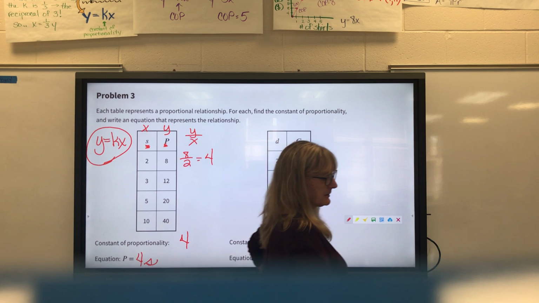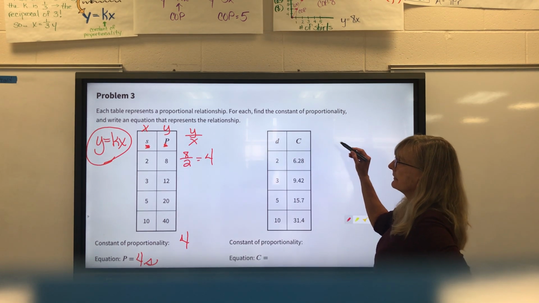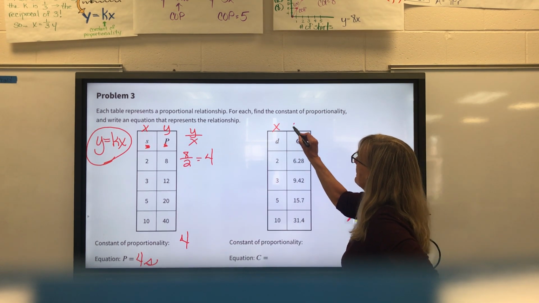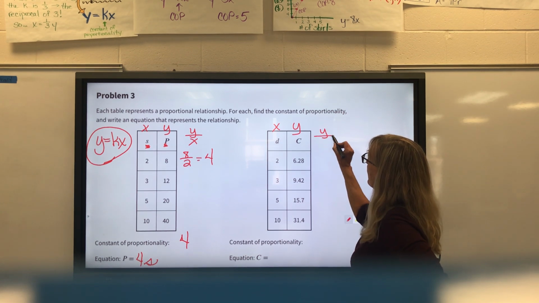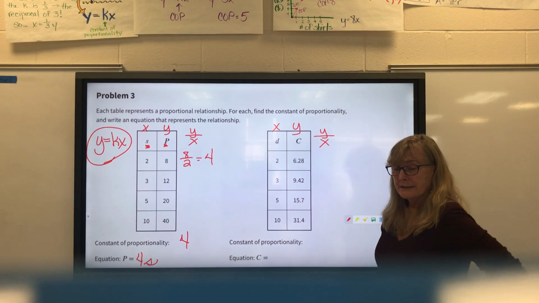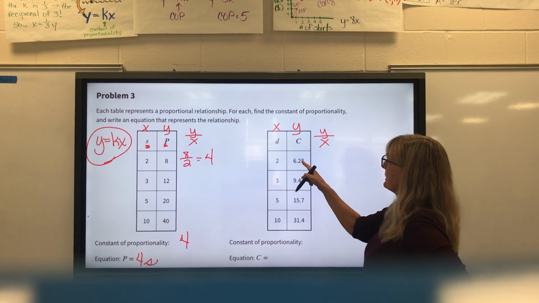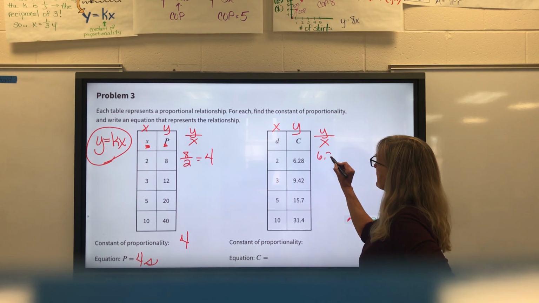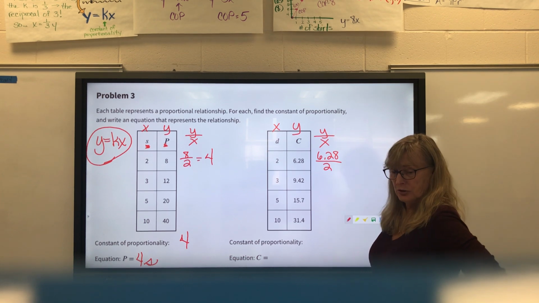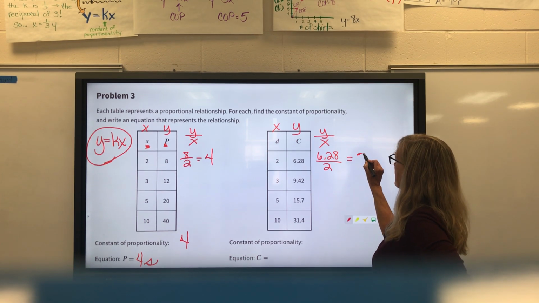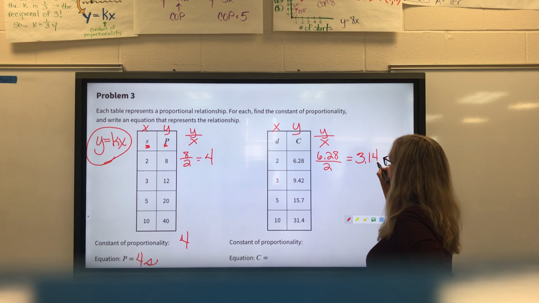All right, so let's look at this one. How do we find the COP? Divide. Y divided by x. So what is y? 6.28. What's x? 2. What does that equal? 3.14.